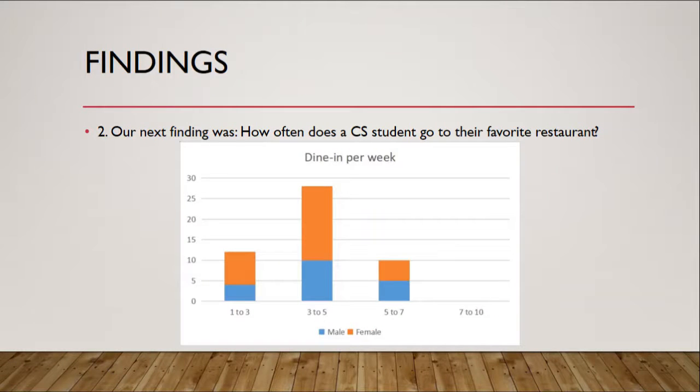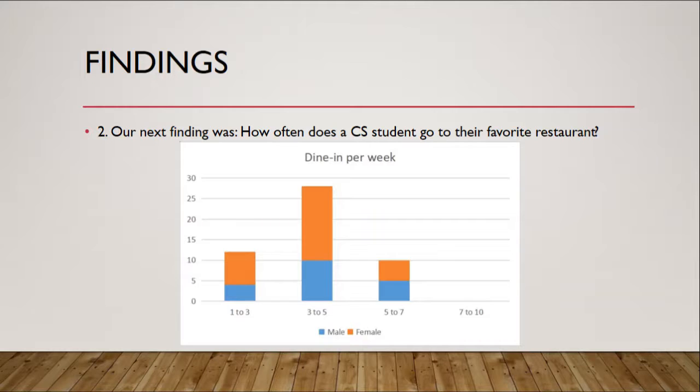So the next one is, how often does a CS student go to their favorite restaurant? This bar graph shows how many times a male and a female student go to their favorite restaurant in a week.